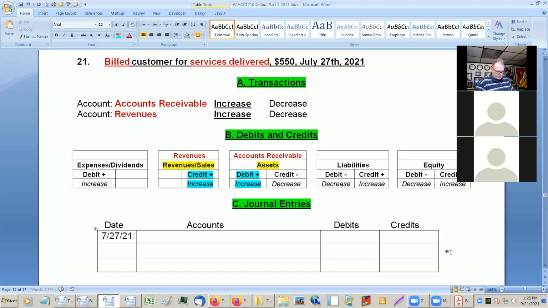Okay, so accounts receivable is an asset going up. And again, we count that as an asset because in the future, we plan on getting $550.